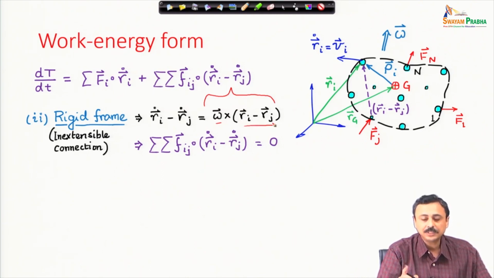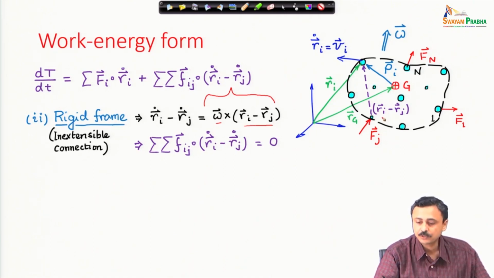What is important here is it is perpendicular to r I minus r j, which is the relative vector, which I have shown here. R I minus r j is a vector going from the jth particle to the ith particle.